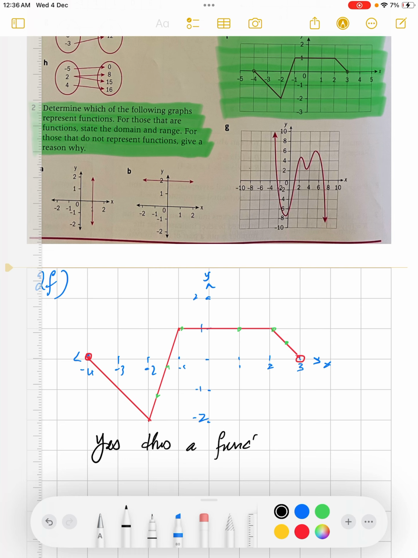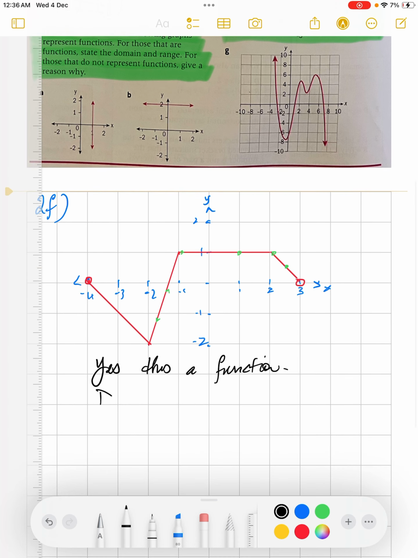And let's have a look at our domain. The domain starts at -4 and finishes at 3. So it's all real numbers such that it starts at -4 and finishes at 3. The thing is, we don't use less than or equal to sign because it's a hollow circle.